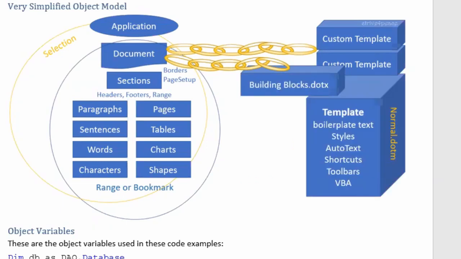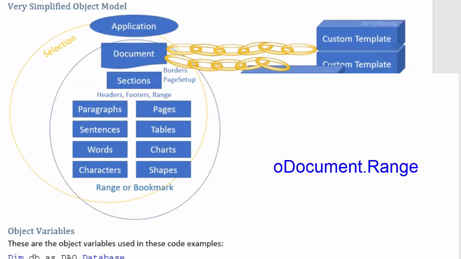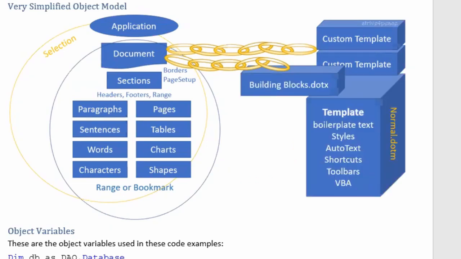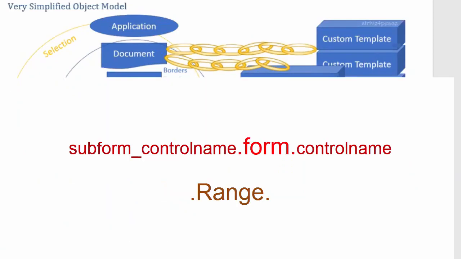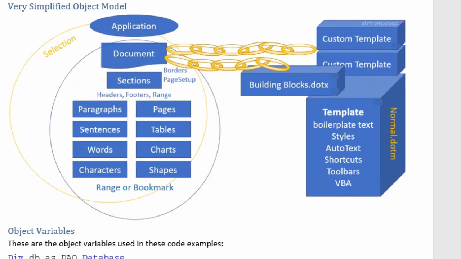Or if you go inside the document, you go document.range. So in that sense, range is kind of like when you have a subform control and you want to reference what's in the subform, not just the control itself, you do subform control dot form dot control name in the subform. So you can draw an analogy there, but also realize that range also means that first thing I told you about.